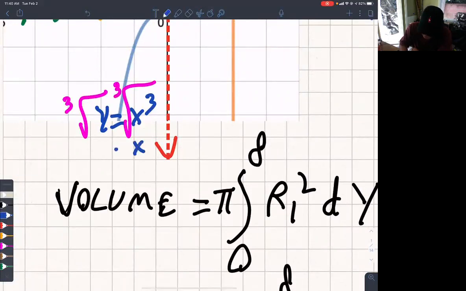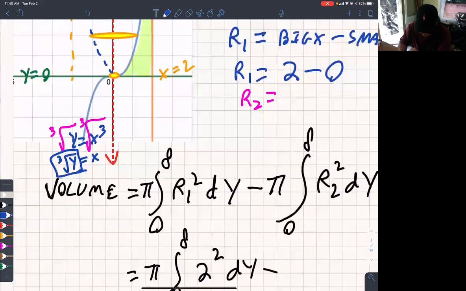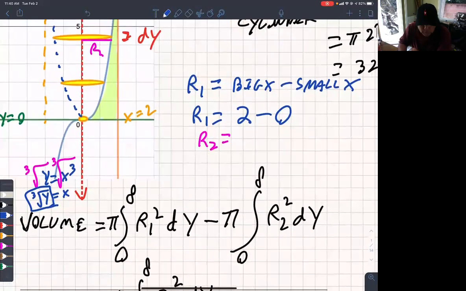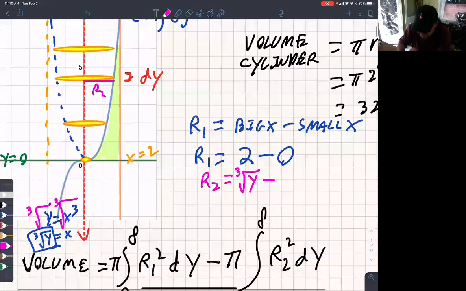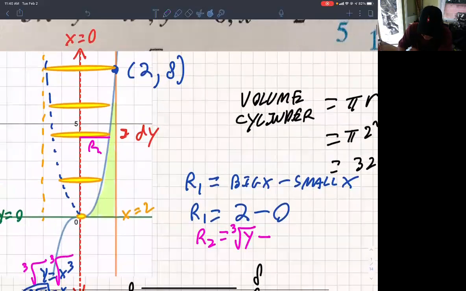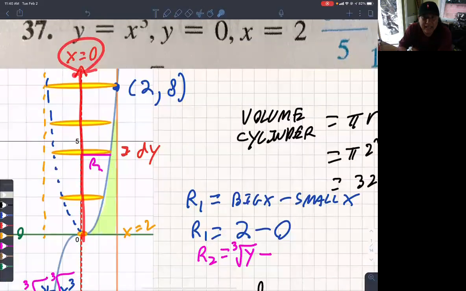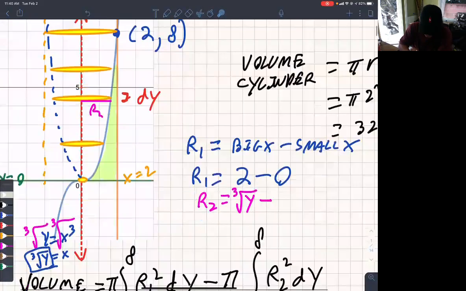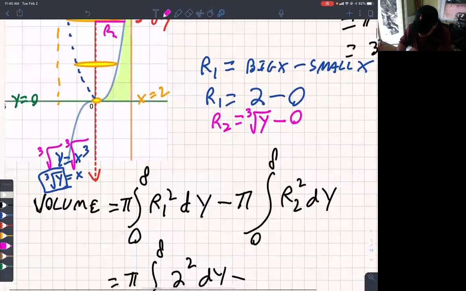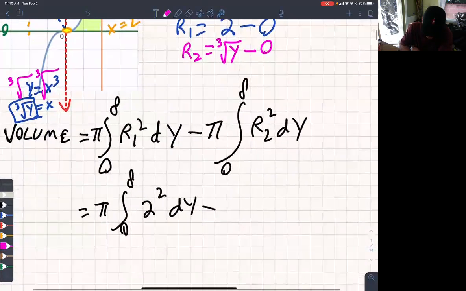And you'll get X equals the cube root of Y. That's going to be your big X, because the blue line, X is cube root of Y. And your small x is the y-axis, which is X equals 0. So you have a minus 0. And we will plug that in.